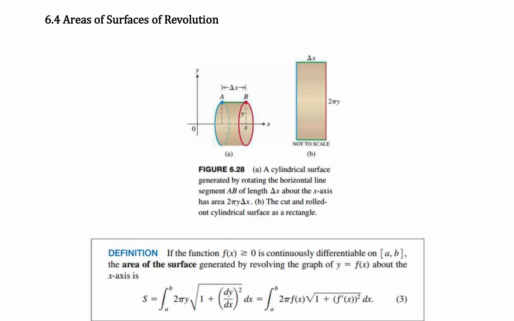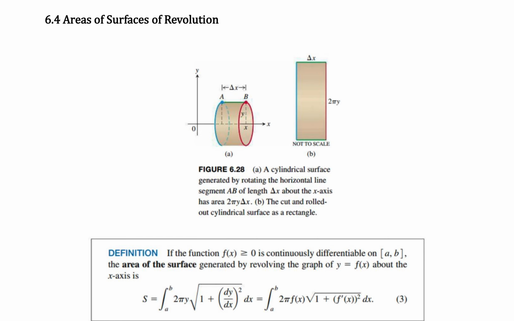Now I have a picture here showing a very simplified version. If we were to just create a cylinder here, it says a cylindrical surface is generated by rotating this line segment about the x-axis. If you were to then take that shape that's generated and flatten it out, you would have a rectangular shape.